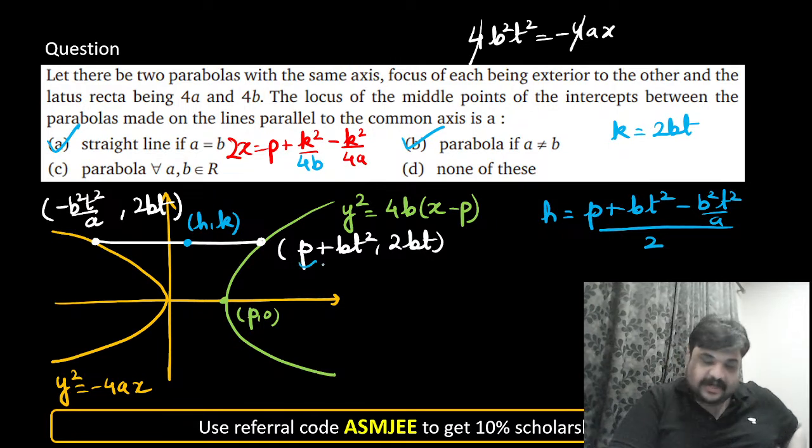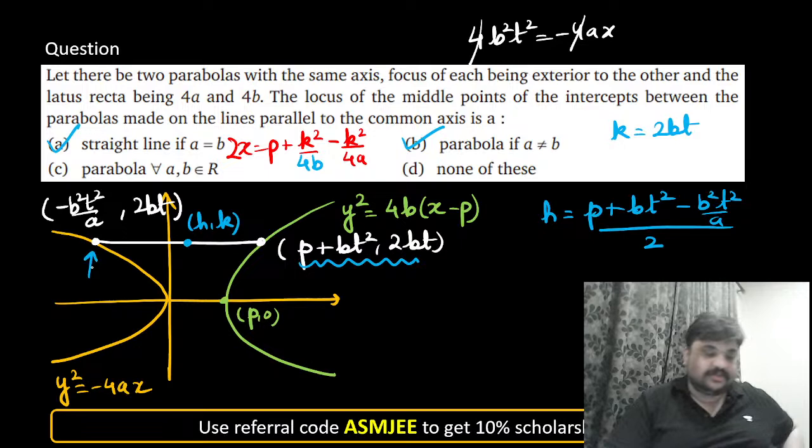You saw how I took the parametric form here, and the y coordinate should remain the same, so I'll take p, 2bt here, and putting y as 2bt, I'll get x. So I got this point also.